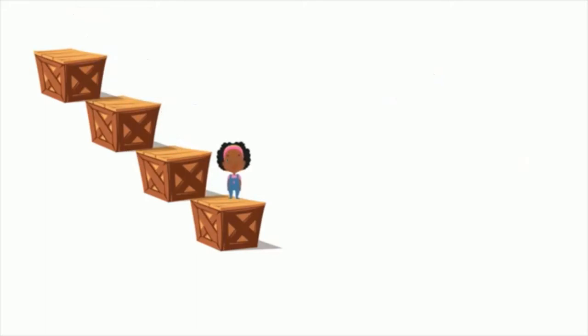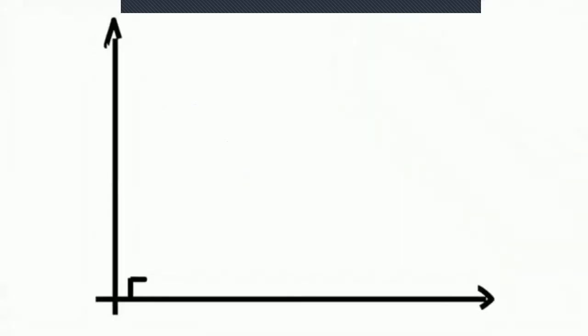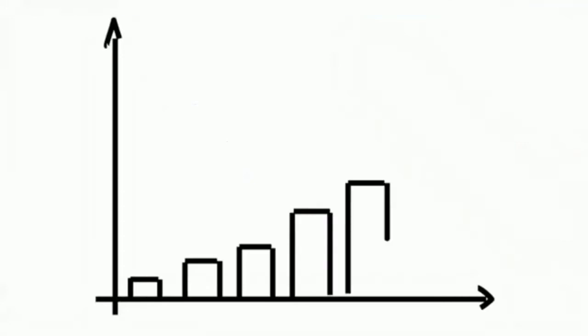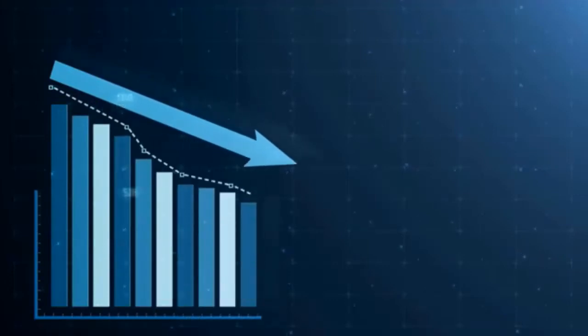Anna climbed the boxes down. Now Sarah is going down. 4, 3, 2, 1. So that was ascending order and descending order.